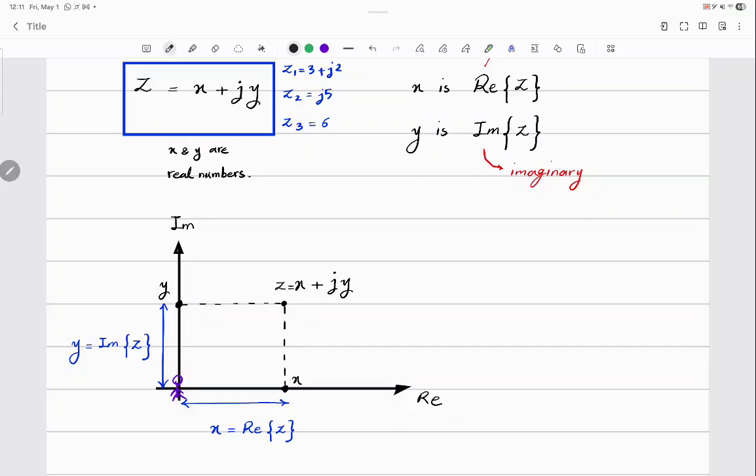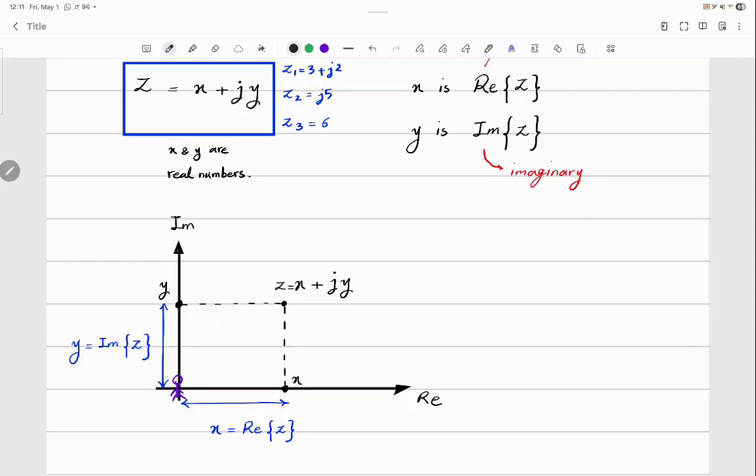Yeah, you can tell me to move along the real axis by x, and then move along the imaginary axis by y, exactly 90 degrees. And I will reach the point. Do you agree with that? Perfectly unique. Can I end up at some other point if I'm not stupid? No. Okay, so this is perfectly unique.